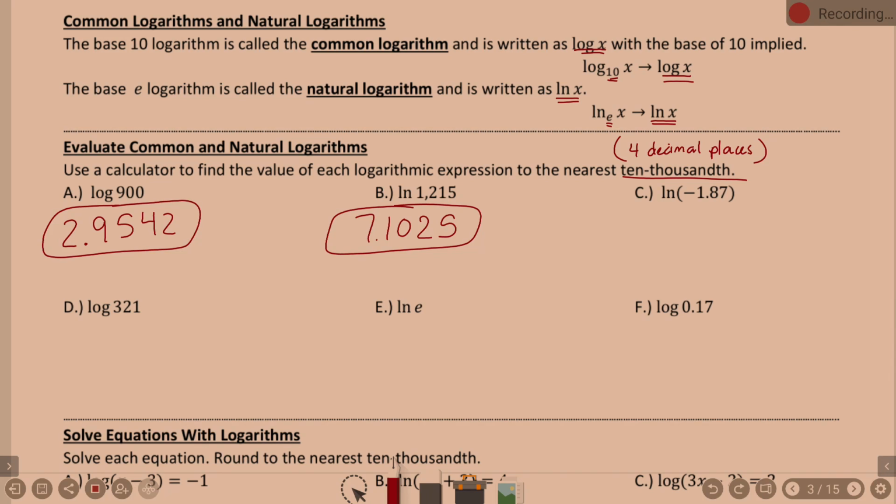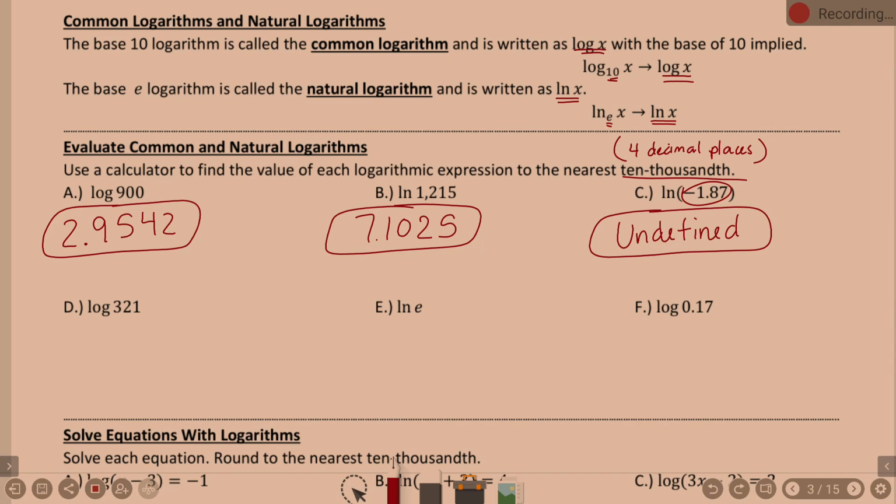Yeah, the number inside here has to be greater than 0. It can't be negative, it can't be 0. Do you remember what we put yesterday? Yeah, it's undefined. That's because you can't take a log of a negative number. You're going to get some kind of error. Domain error is saying that a negative value is not in the domain of this function. That's why they're calling it a domain error.